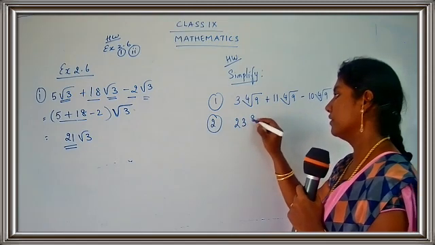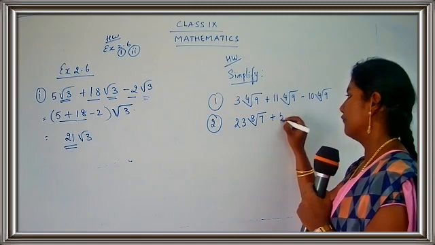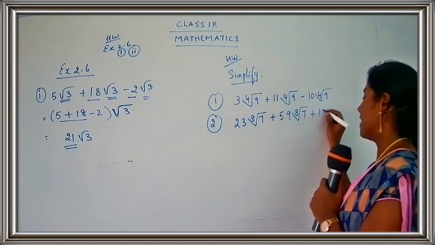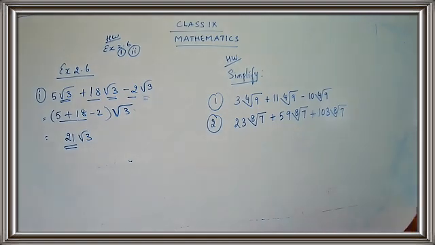23 into 8th root of 7 plus 59 into 8th root of 7 plus 103 into 8th root of 7. Get on the second question. So this is question number 2.